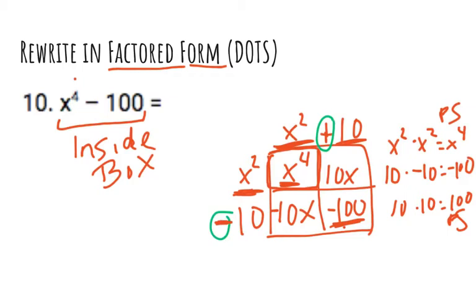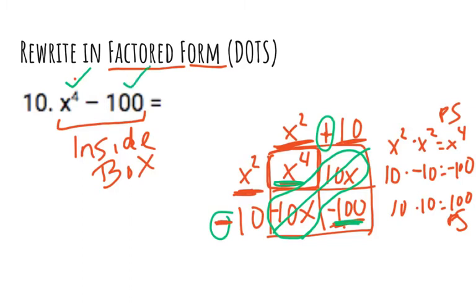Just like in the last slide, if I have $10 minus $10, what does that give me? You should have said 0. Same thing with 10x minus another 10x, 0 x's. So those cancel out, and I am left with x to the fourth and negative 100.